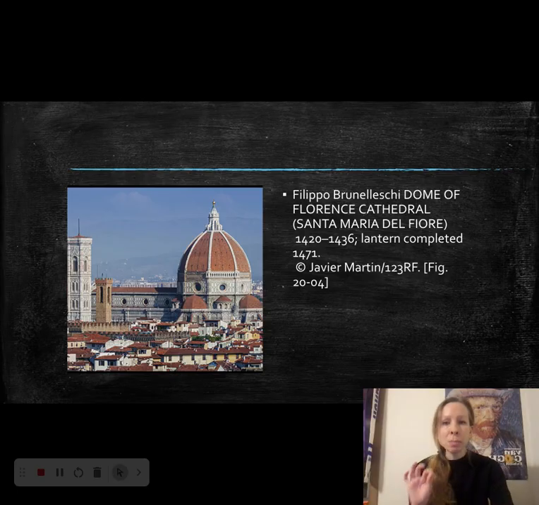So it's slightly pointed rather than perfectly hemispherical. This reflects the Gothic influence while anticipating Renaissance ideals, which are very harmonious and proportional, and its height and scale were meant to impress, but also to symbolize Florence's civic pride and divine protection.